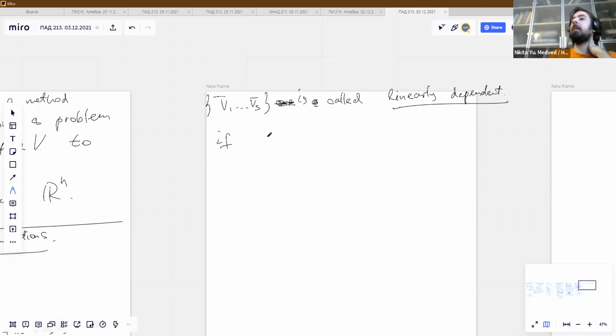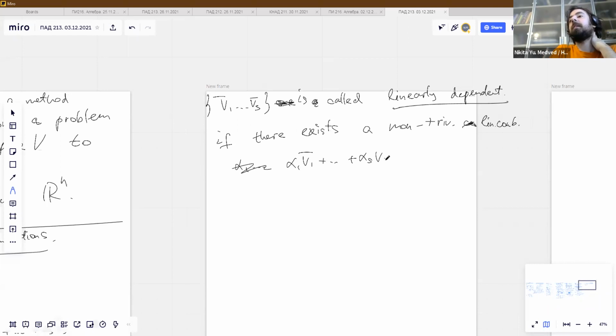This set is called linearly dependent if there exists a non-trivial linear combination, alpha 1 v1 plus etc. plus alpha s vs, such that the result is still 0.